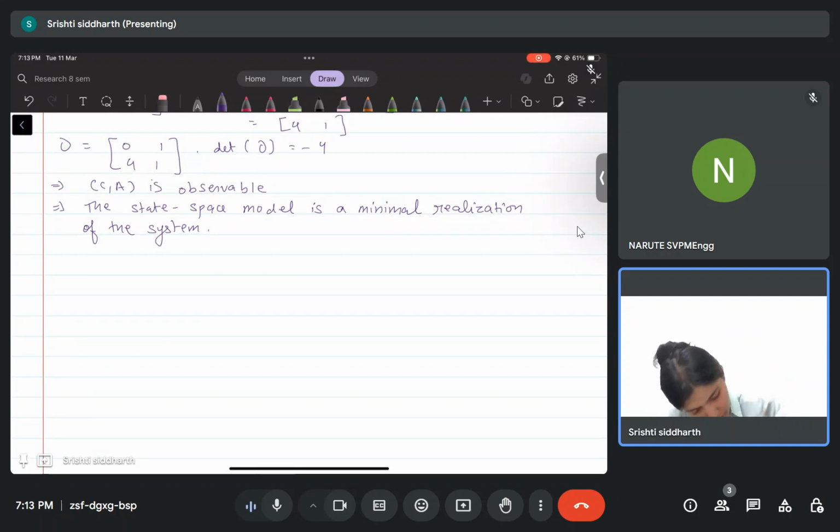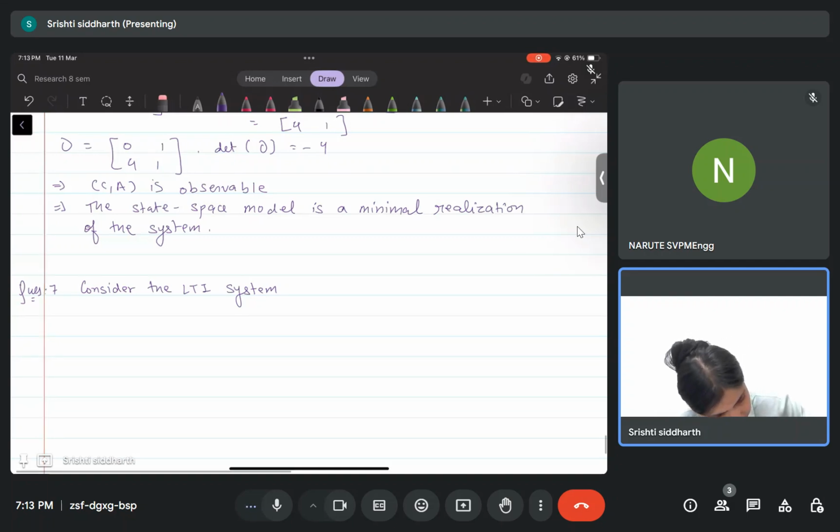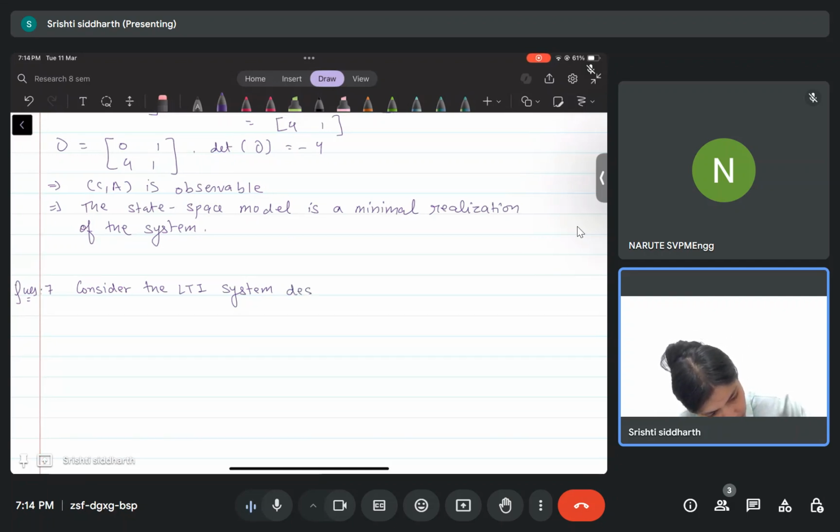Okay, if not, let's move on to the next question. So consider the system with the following matrices described by the state space model: A equals 0, minus 1, 1; 1, minus 2, 1; 0, 1, minus 1.